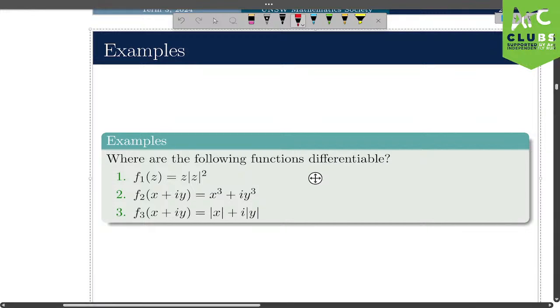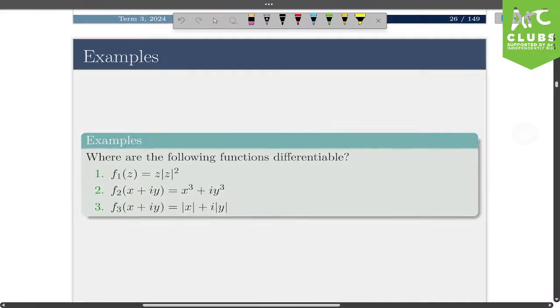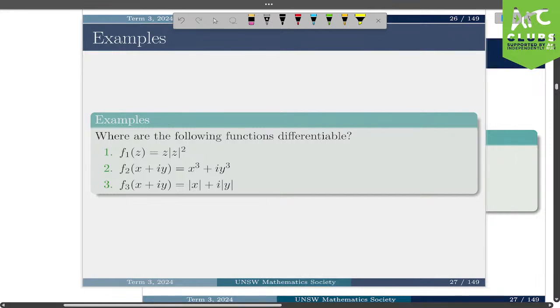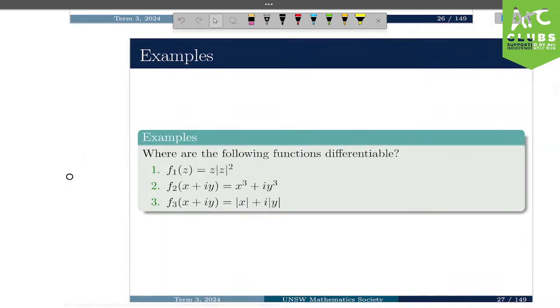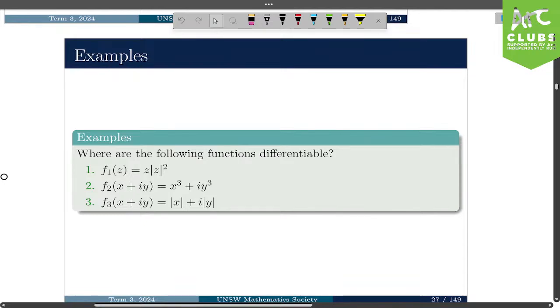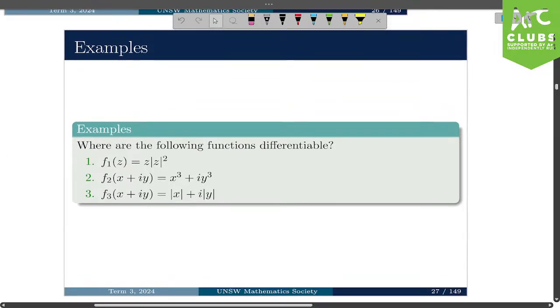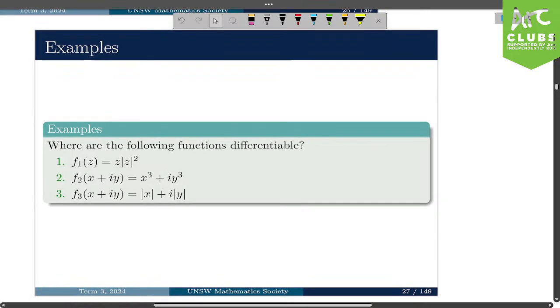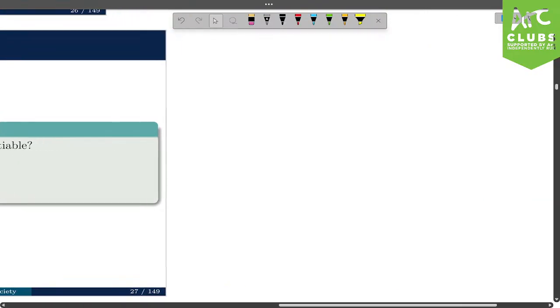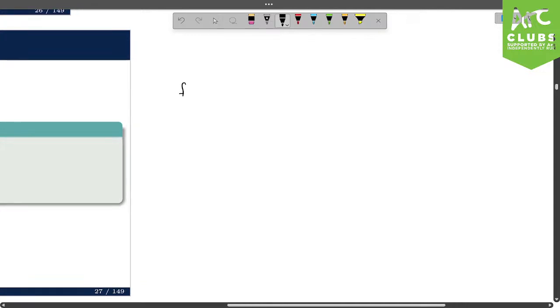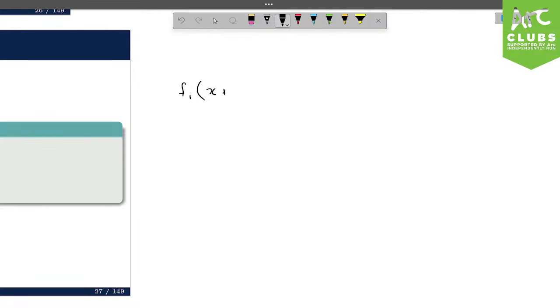All right, so for this first one, we have that our function is z times the modulus of z squared, right? If we rewrite that as a function of x plus iy, we have that f1 of x plus iy is equal to z times the modulus of z squared, which is equal to x plus iy times x squared plus y squared.